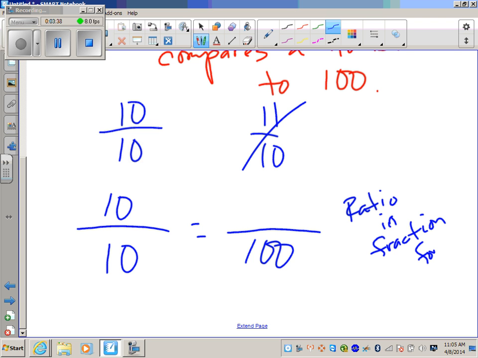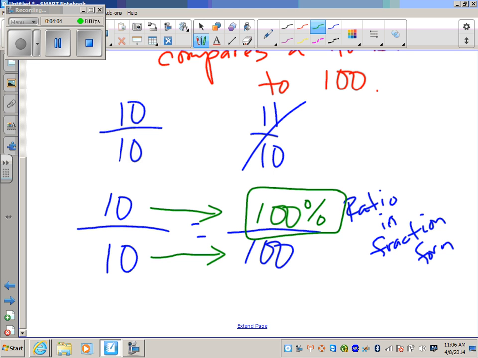So in fraction form, okay? So we're looking at a problem that we've kind of been working with for the past few days. Is there a relationship here between the 10 and 100? Times what? So if I multiply the top times 10, I get 100. Now, anytime I have a bottom number in a ratio as 100, the top number automatically becomes a percent.